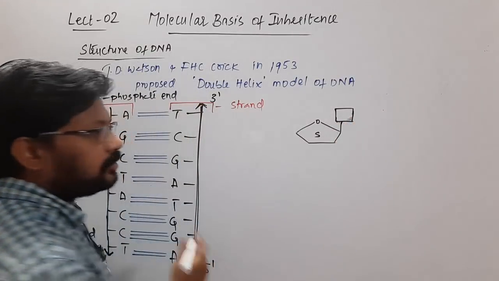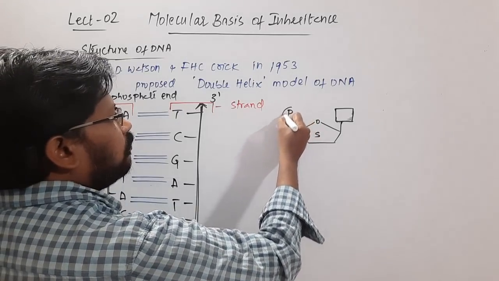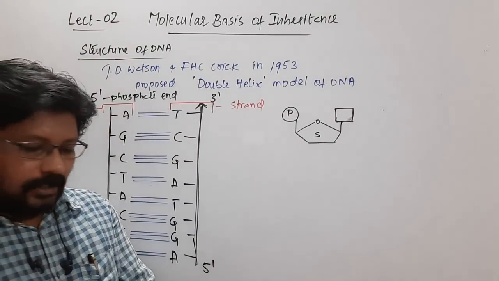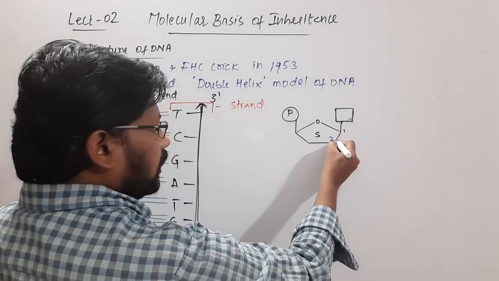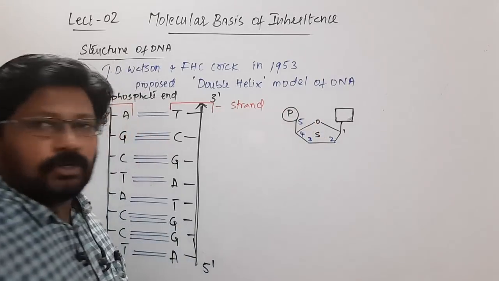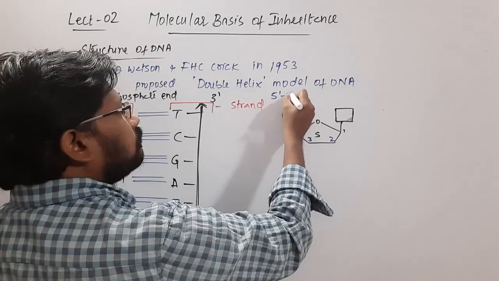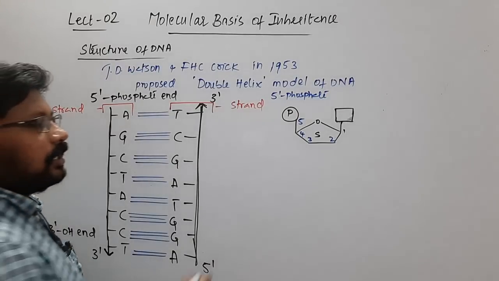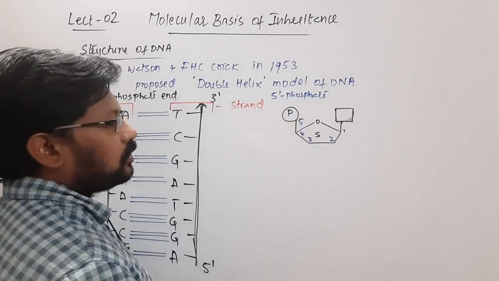This is the nitrogen base, and here you will see the attachment of the phosphate group. That is why I mentioned a phosphate end. Moreover, this is the first carbon, second carbon, third carbon, fourth carbon, and this is the fifth carbon. That is the reason I mentioned this end as the 5 phosphate end. So it's 5 dash, the fifth carbon end, which is attached to phosphate.